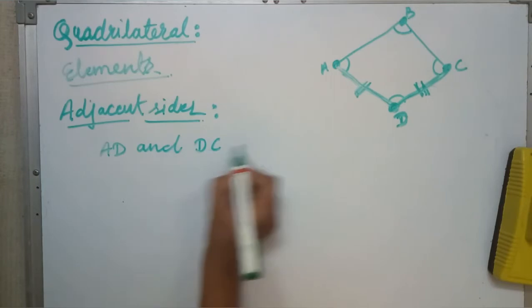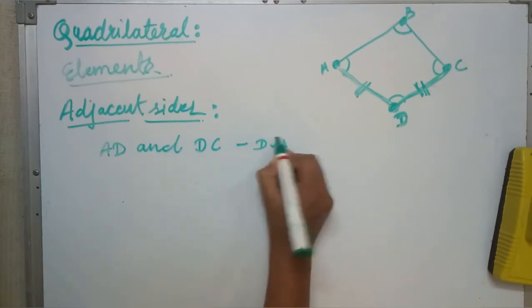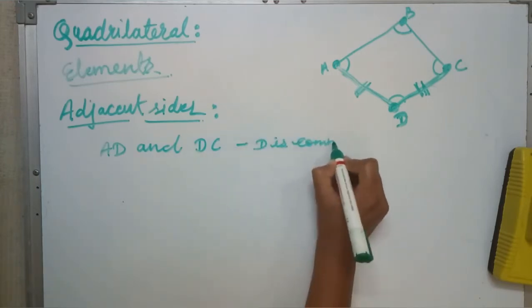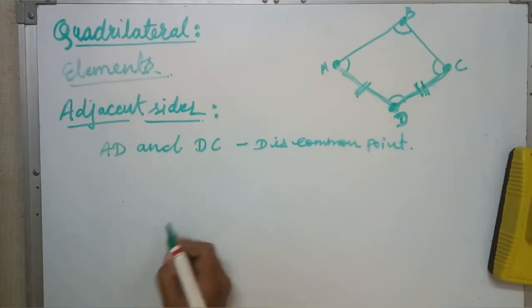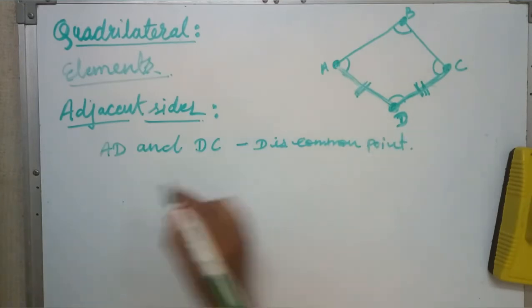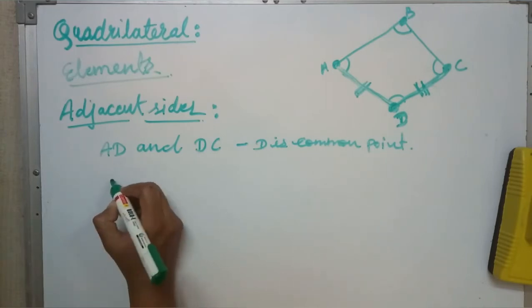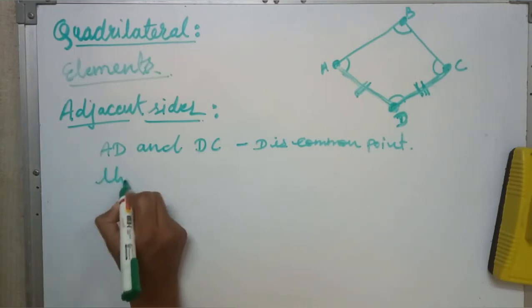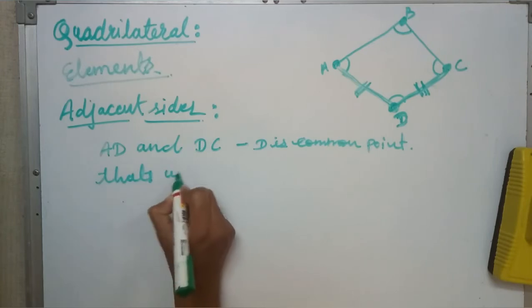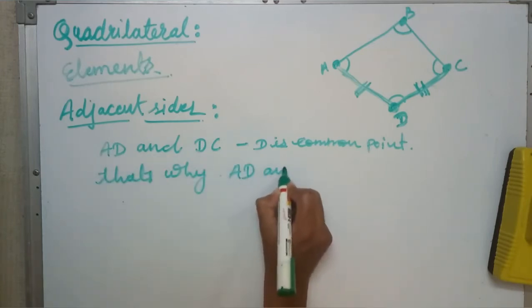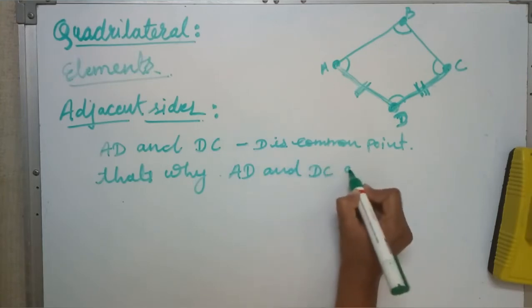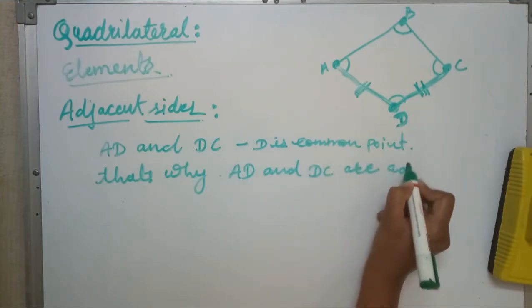That's why these two sides AD and DC are adjacent sides.